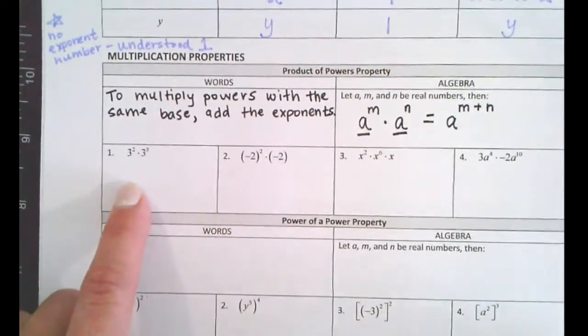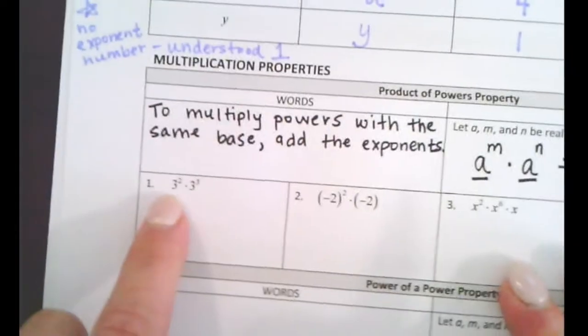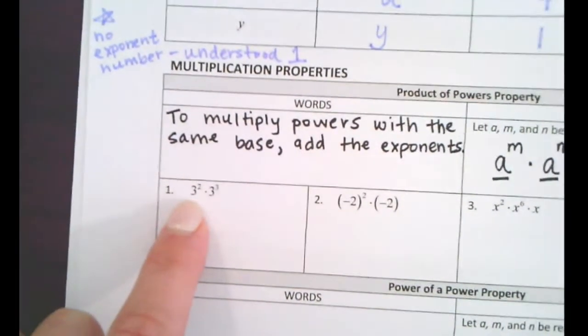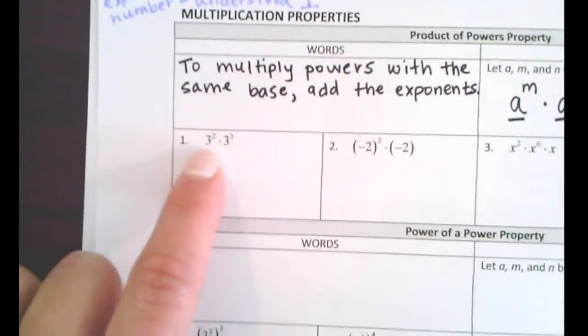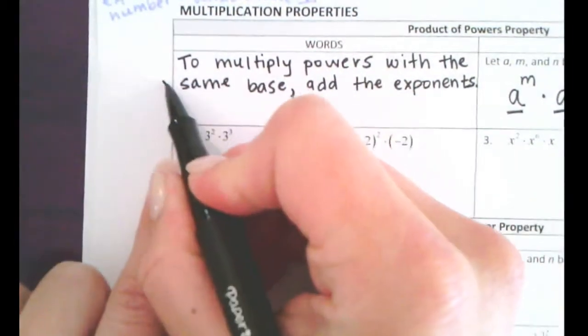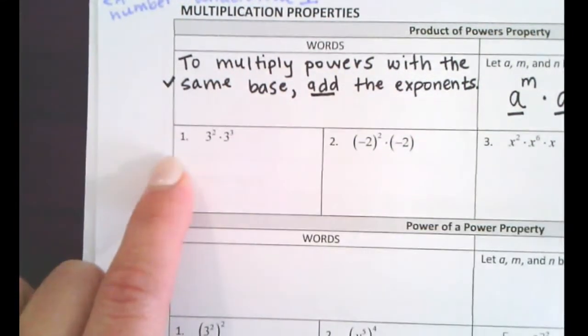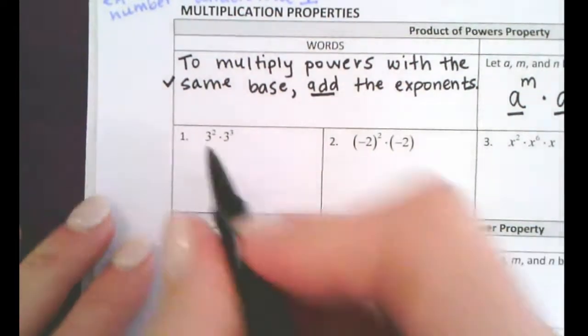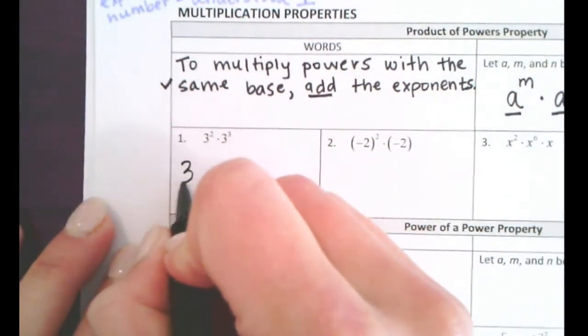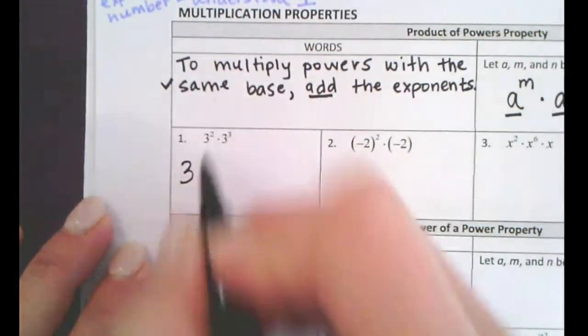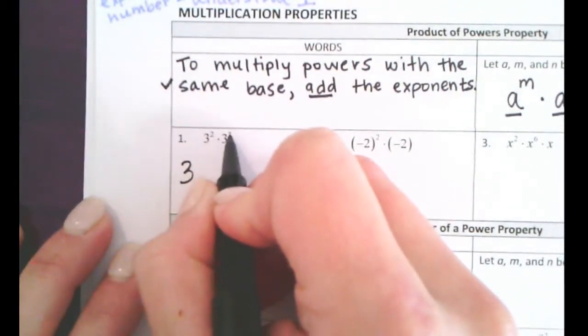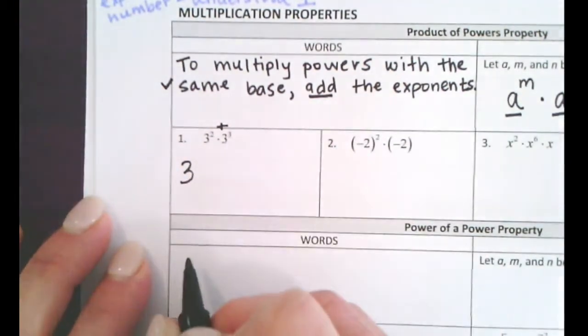For example, number 1. Our first problem reads as 3 squared times 3 cubed. Notice we do have the same base. That means we're going to add the exponents. The base stays the same as 3, and my exponents, which are 2 and 3, we're going to add these together.